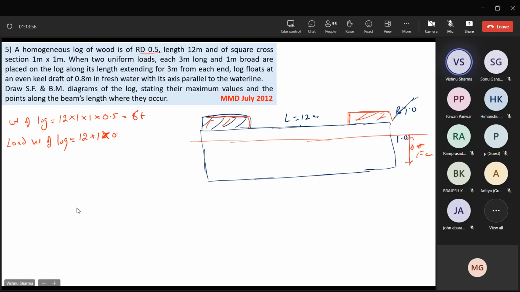This is the underwater volume multiplied by the density of the water 1. This gives you the load displacement. This is 9.6 tons. Am I right, guys? Load displacement of the log is 9.6 tons. Am I right by law of flotation? Correct, guys?